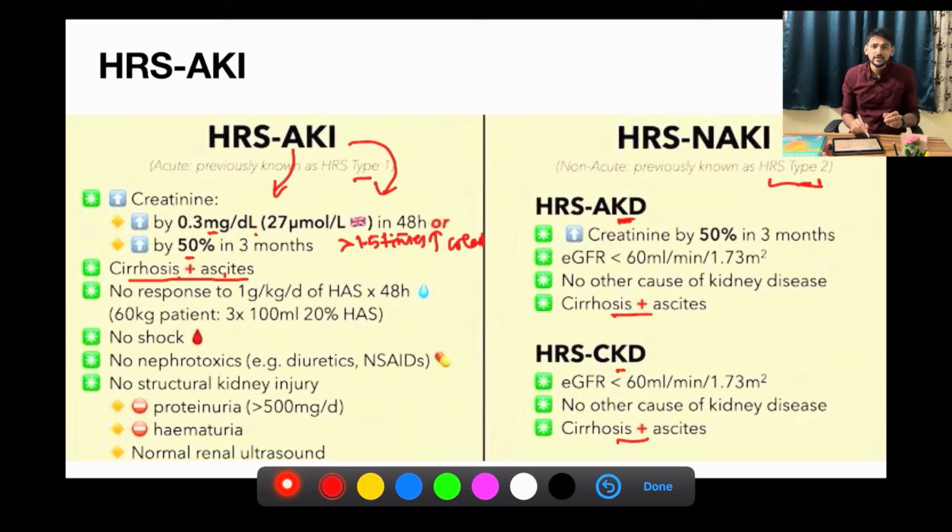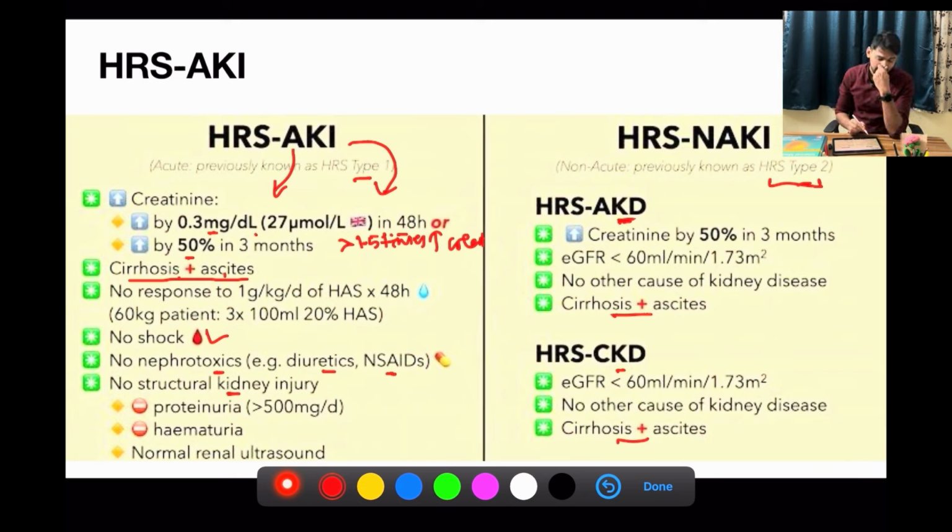And there are some particular factors before we call it HRS AKI. Patient should not be in shock, so BP has to be maintained very well. And there is no usage of nephrotoxic drugs like NSAIDs or some aminoglycosides, antibiotics, diuretics, etc. And there should not be any structural kidney injury.